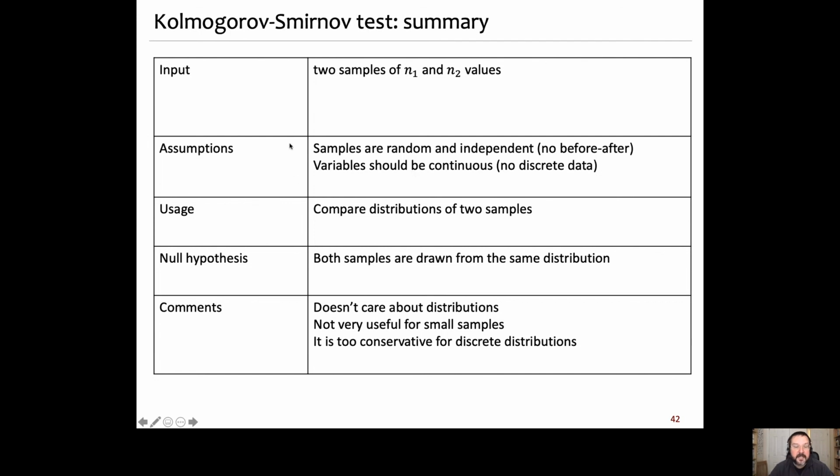The distribution doesn't matter, so this is a distribution-free test. The usage is to compare the distribution of the 2 samples, and the null hypothesis is that both samples are drawn from the same distribution, regardless of the shape of the distribution. It's not very useful for small samples, and as I said, it's too conservative for discrete distributions.